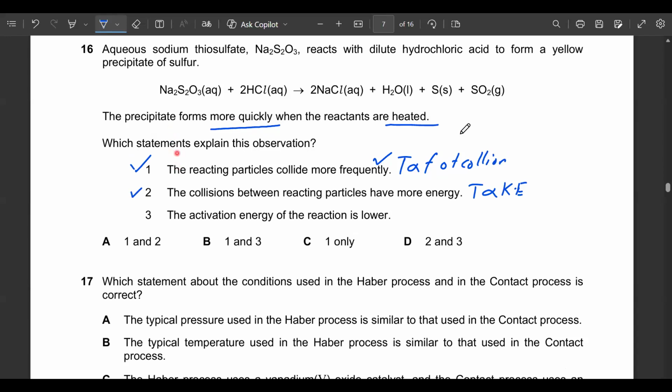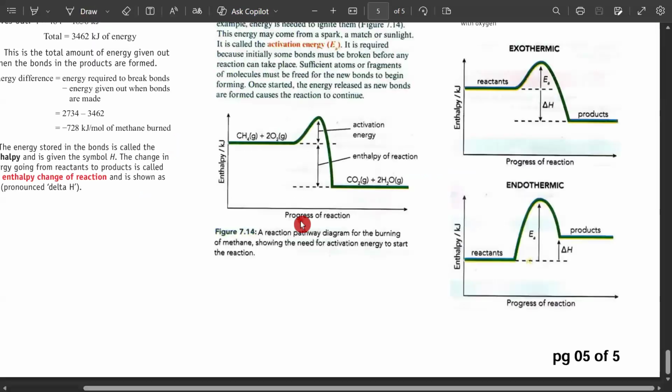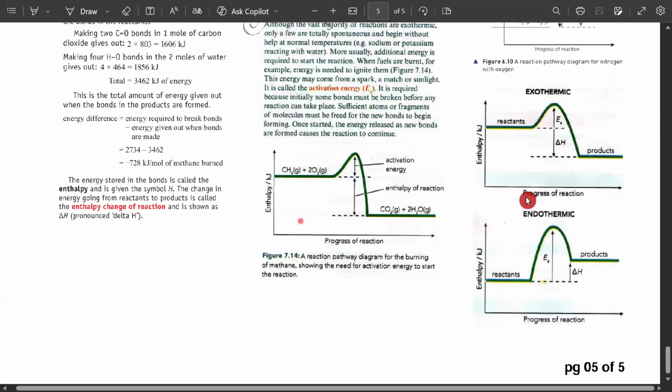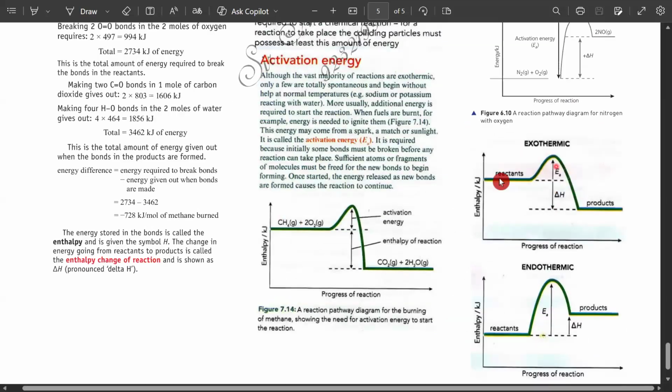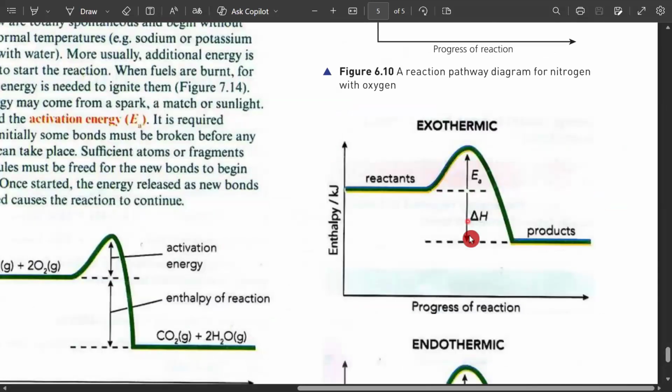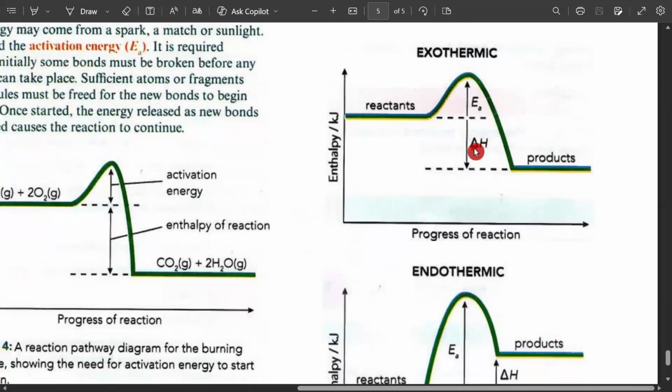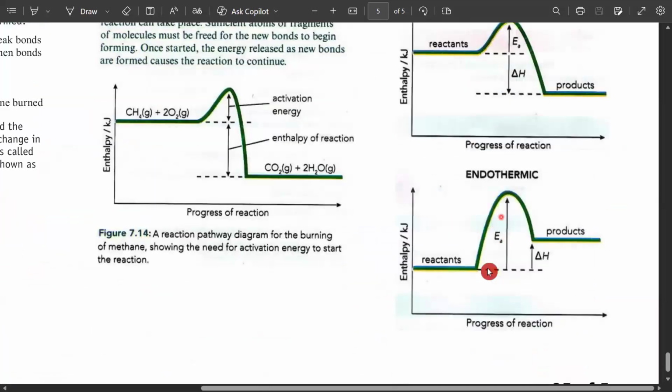We learned that using a catalyst reduces the activation energy. First of all, what is the activation energy? You should remember it is the difference of energy from the level of reactants to the top of the peak, for both the exothermic as well as the endothermic reaction.